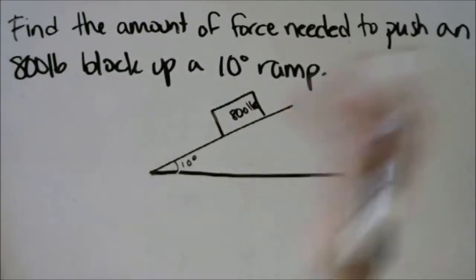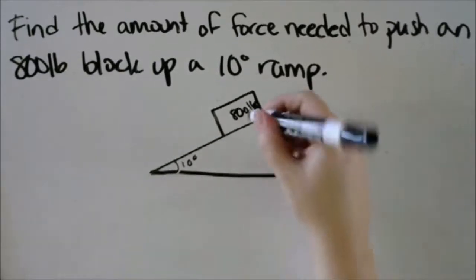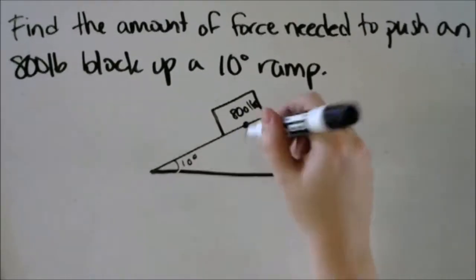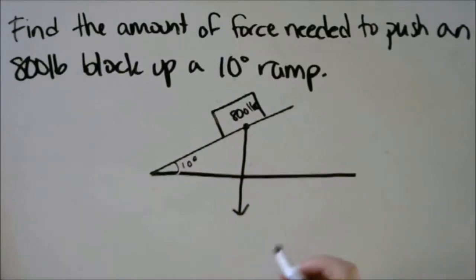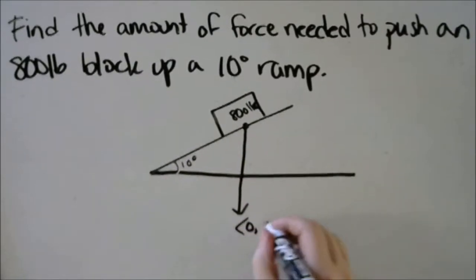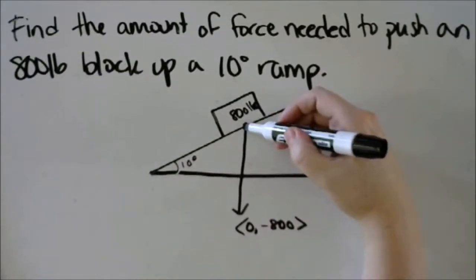And there's a few forces acting in this problem if you're trying to draw a force diagram. So, for example, the block's weight is an 800-pound force directly down. And its component form would be 0, negative 800 if this point were to be considered (0, 0).